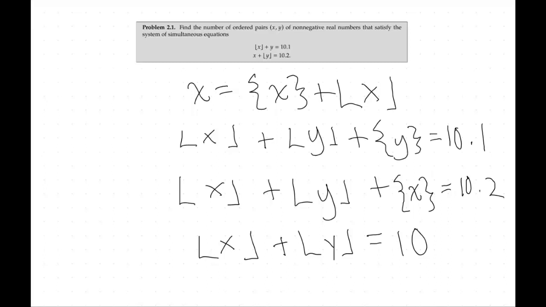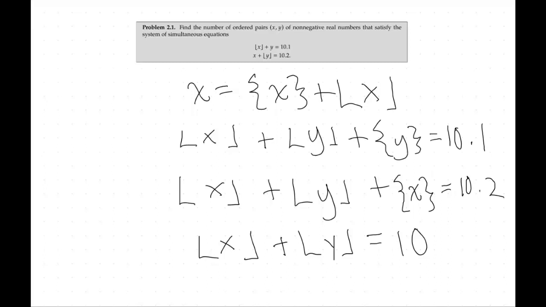But even then, the floor of x plus the floor of y will still have to be equal to 10 in order for this problem to actually come out to 10.1, right? Because if it was equal to 9 and you added that fractional part, it wouldn't even reach 10. So we know that the integer sum of these two must be equal to 10.